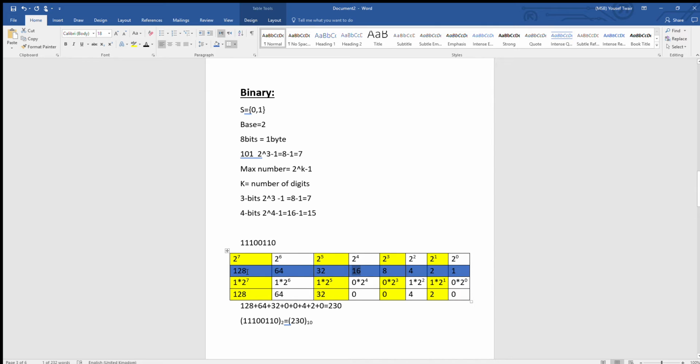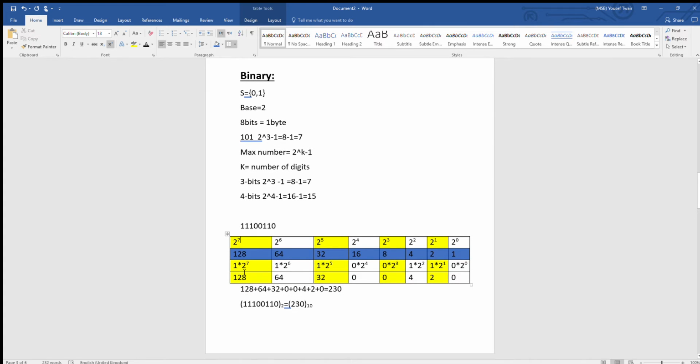I filled those to show you just how much it's equal. 2 to the power 7 is equal to 128. Then 1 times 2 to the power 7, meaning 1 times 128, gives me 128. 1 times 2 to the power 6, which is 64. 1 times 64 is 64.